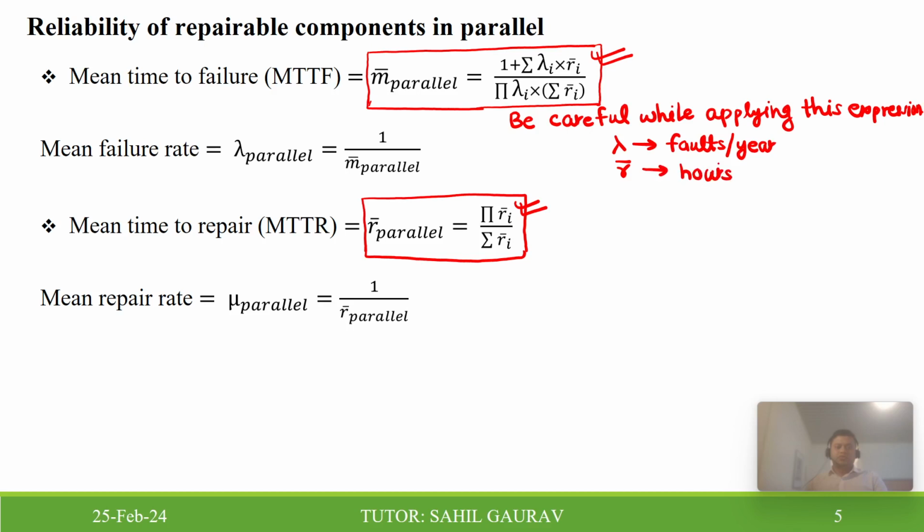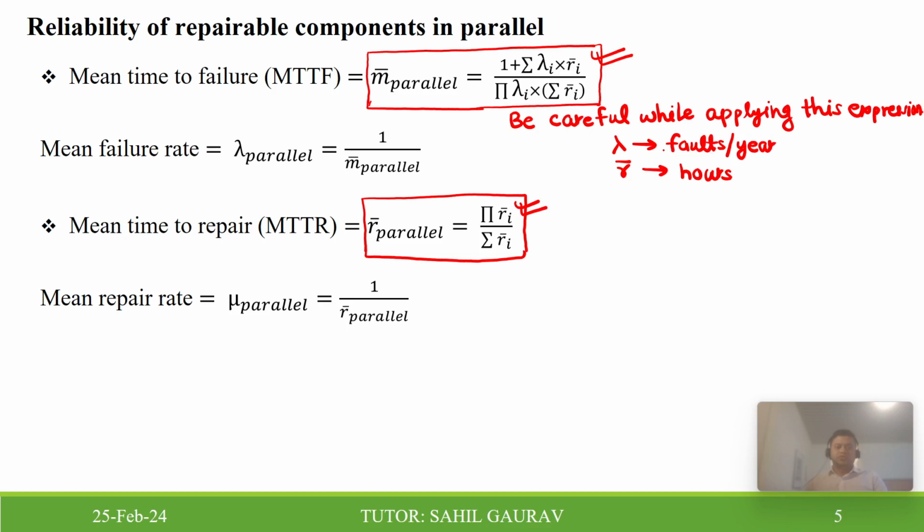This is the mean time for repairing a certain component. So both have different time notations: lambda is given per year, while R bar is given in hours.